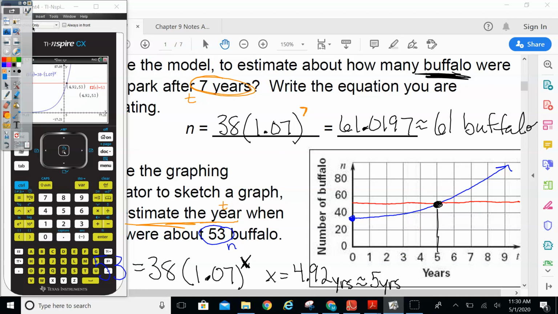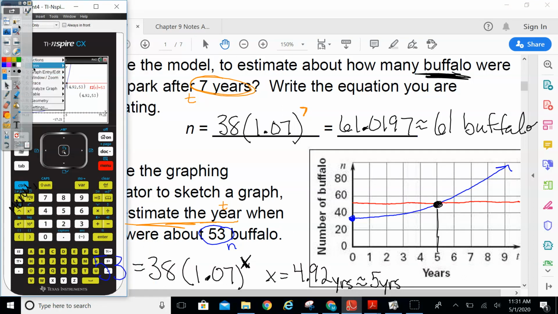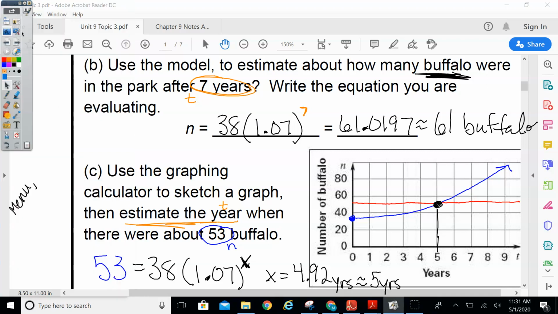So in the calculator, you graph one side in y1, or f of x1, and then this side in f of x2. And then you press menu, and then you go to number 6, which is the analyze the graph, and then you choose number 4, which is the intersect.